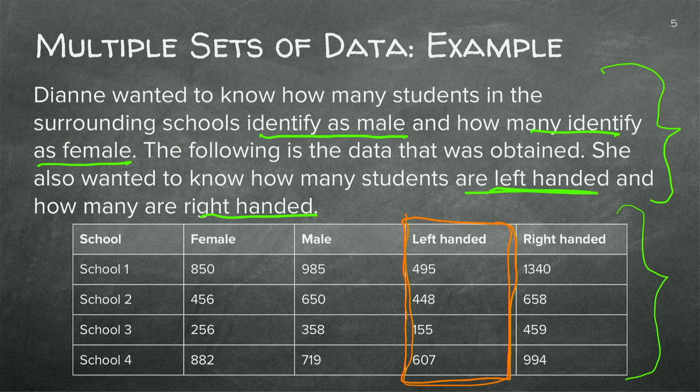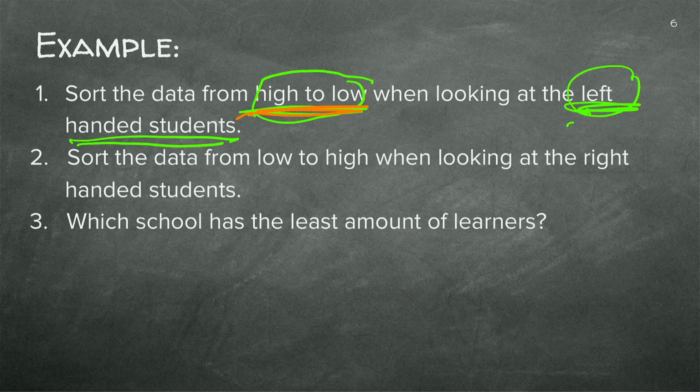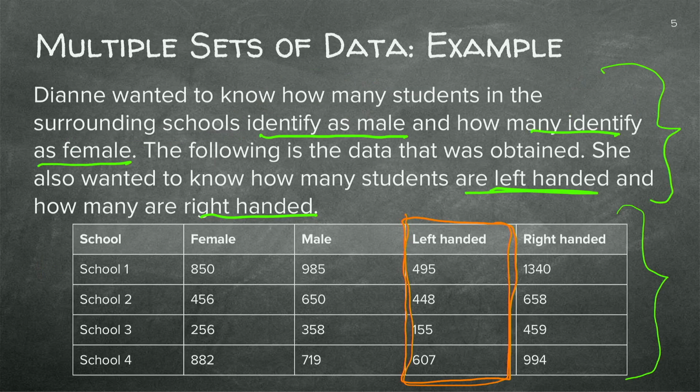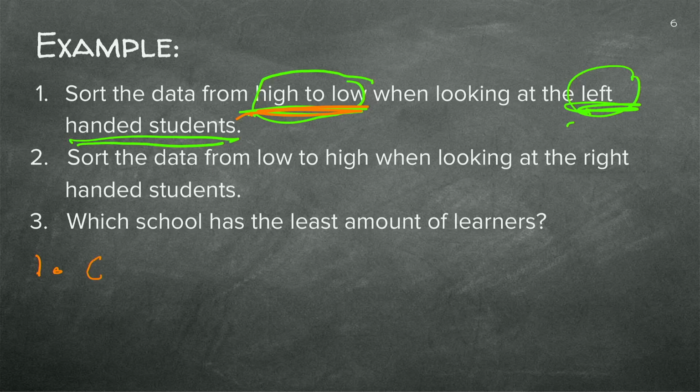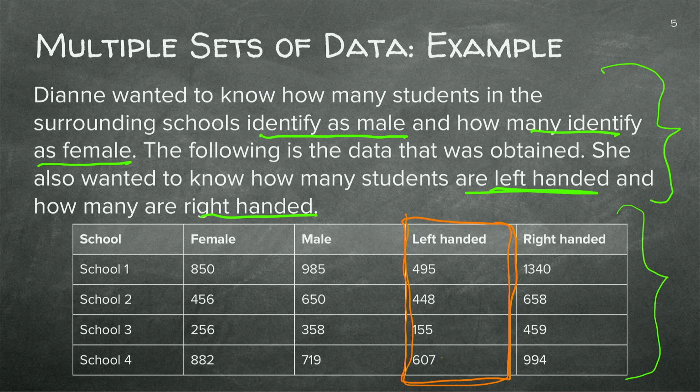Now I'm going to write the answer at the bottom of this slide. Okay, so from high to low. Our highest number is 607. So let's write that down. Then I'm going to put a check mark next to it to say that we have already looked at this number. Then our second highest is 495.